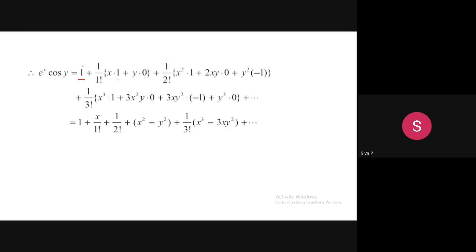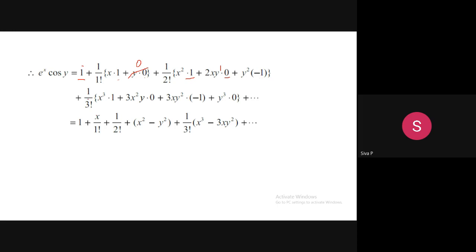So this value will be totally 0. Leave it. Next value is 1 by 2 factorial x square fxx. Fxx value is 1. Here fxy value is there. Here also you can see that 2xy is there. That is an odd power of y, so it will be 0. So 2xy is 0 here. Y square into minus 1. Y square is minus 1.